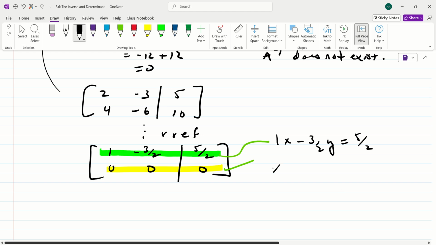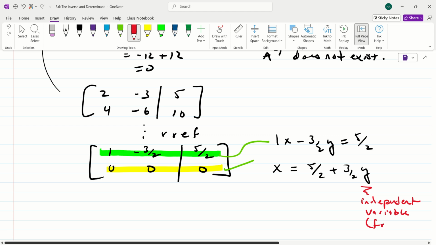To continue the process, I'm going to keep the x as is, but I'm going to move the 3 halves y over to the other side. And from here, I can consider the relationship between the x's and the y's to be an independent variable, dependent variable relationship. In this case, y would be an independent variable, sometimes called a free variable, and x is going to be a dependent variable.